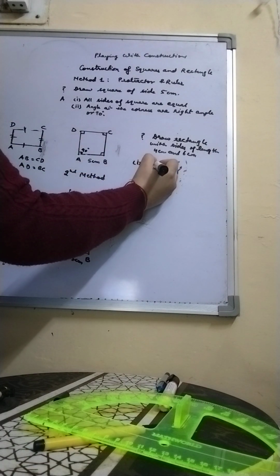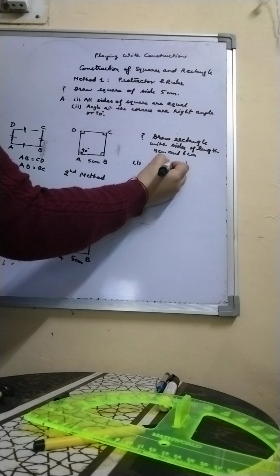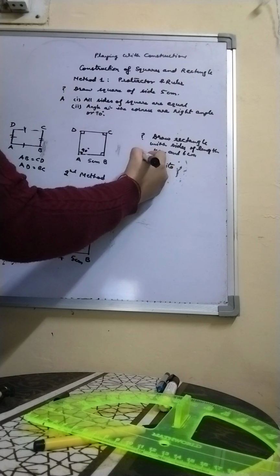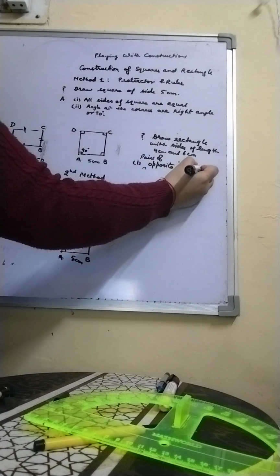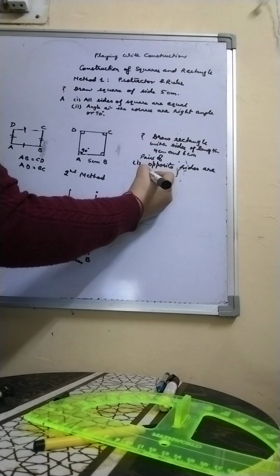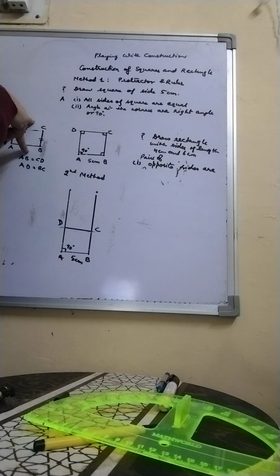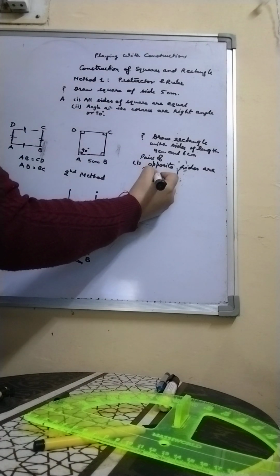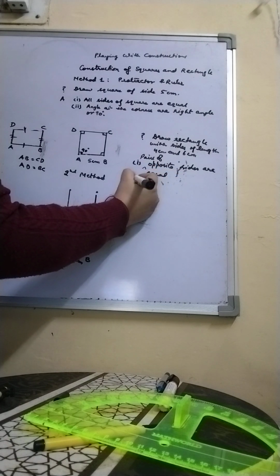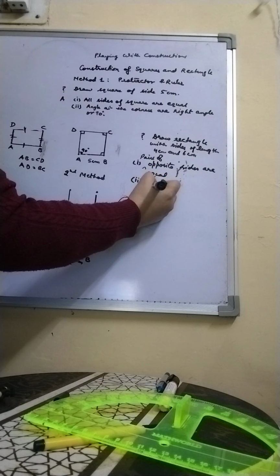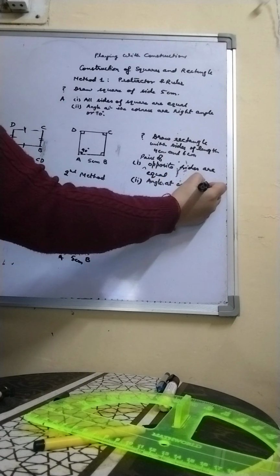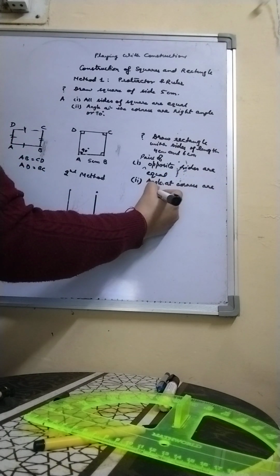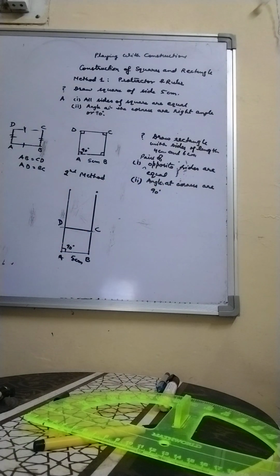So first property is pairs of opposite sides are equal. Rectangle is made of 4 line segments in which pair of opposite sides are equal and angles at corners are 90 degree. So second property is just same as square property.